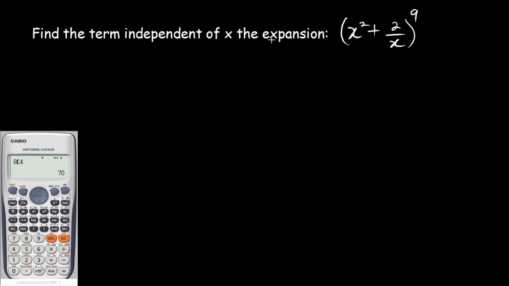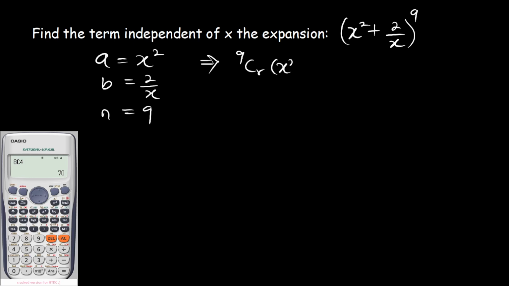Find the term independent of x in the expansion. So a is equal to x squared, we have b is equal to 2 over x, and we have n equals 9. So the constant term, or the term that is independent of x, will give us 9 combination r times x squared raised to the power of 9 minus r times 2 over x raised to the power of r.